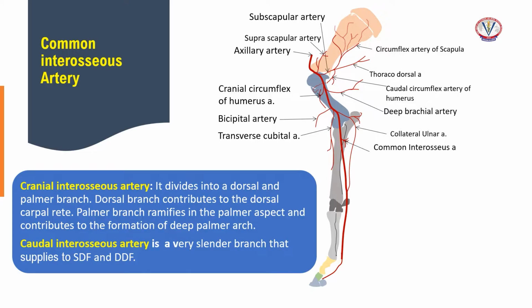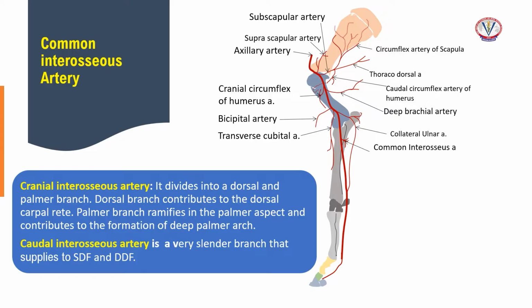The cranial interosseous artery divides into dorsal and palmar branches. The dorsal branch contributes to the dorsal carpal rete, while the palmar branch ramifies on the palmar aspect and contributes to the formation of the deep palmar arch.